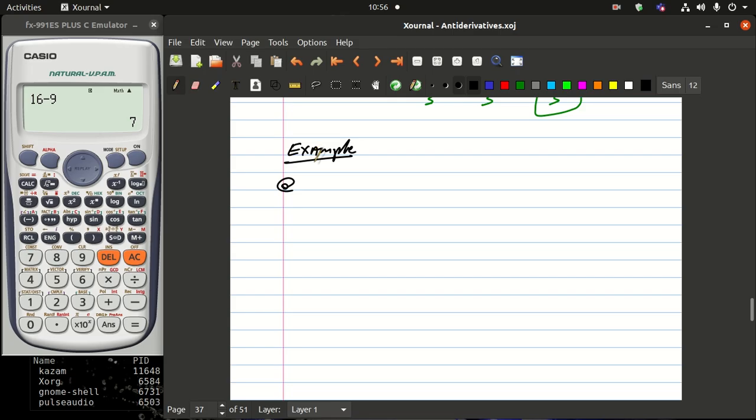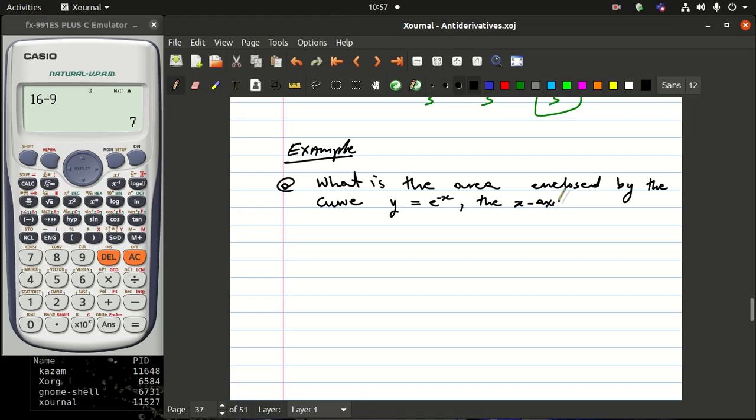We have A. A is saying, what is the area enclosed by the curve y is equal to e raised to minus x, the x-axis, the y-axis, and the line x is equal to 2.